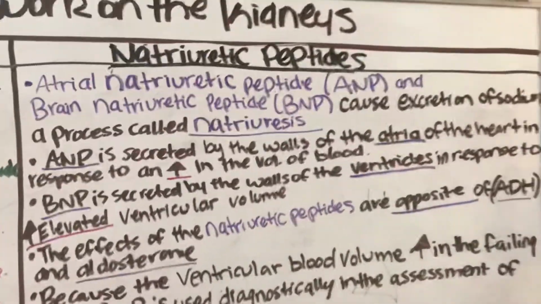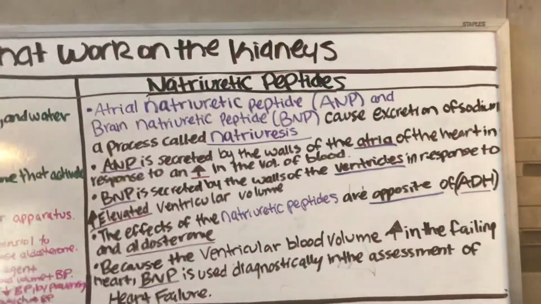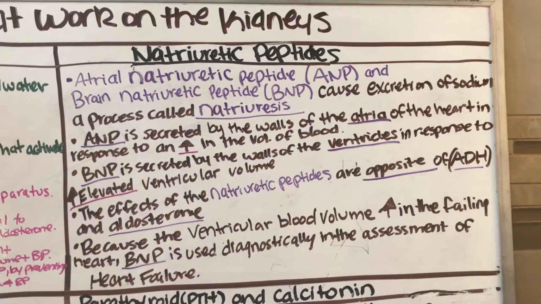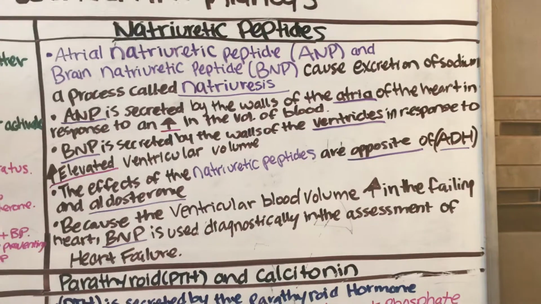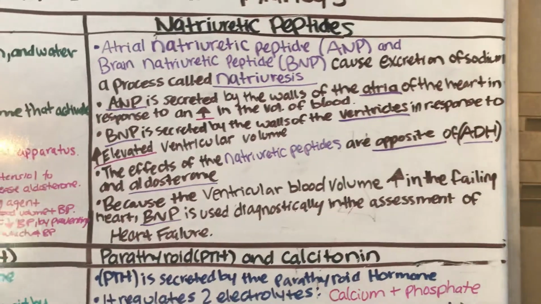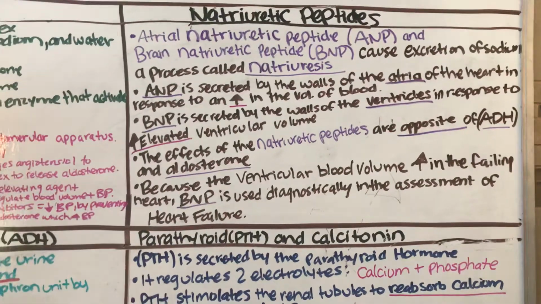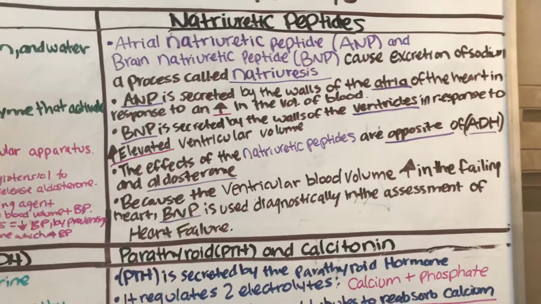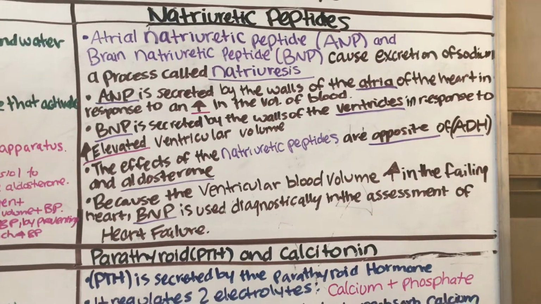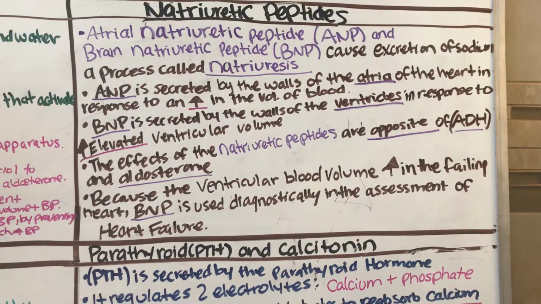Next we have our natriuretic peptides, your ANP and your BNP, which cause excretion of sodium, a process called natriuresis. ANP is secreted by the walls of the atria of the heart in response to an elevation in the volume of blood.